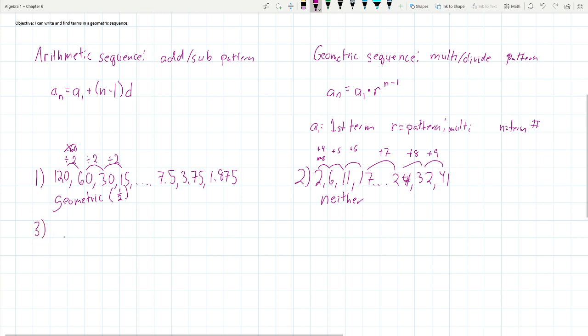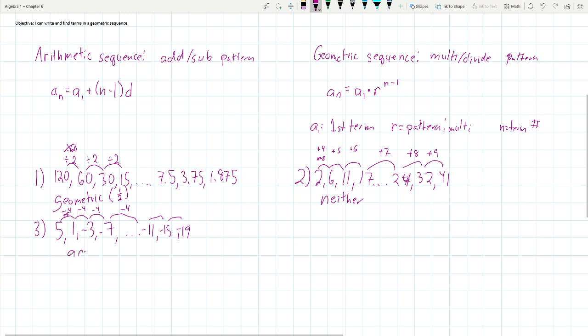All right, let's try number 3. 5, 1, negative 3, negative 7, dot, dot, dot. To go from 5 to 1 is minus 4 or dividing by 5. 1 to negative 3 is minus 4, and the division by 5 doesn't work, so minus 4. Negative 3 to negative 7, minus 4. So we do keep the minus 4 continuing on. If I do the next 3, negative 11, negative 15, negative 19.